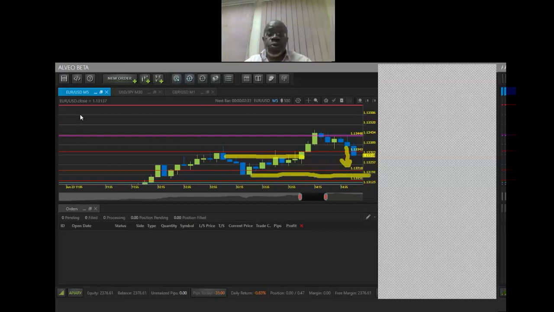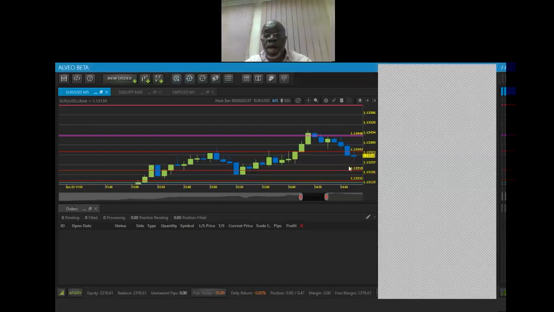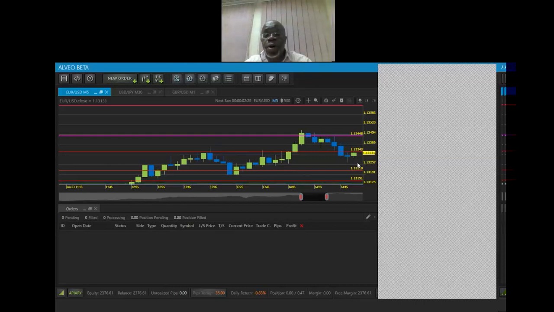There, see, it actually went all the way down. So if you had entered the trade, you would have made some, I don't know how many pips, entering there up to there. That's 10.54 pips.